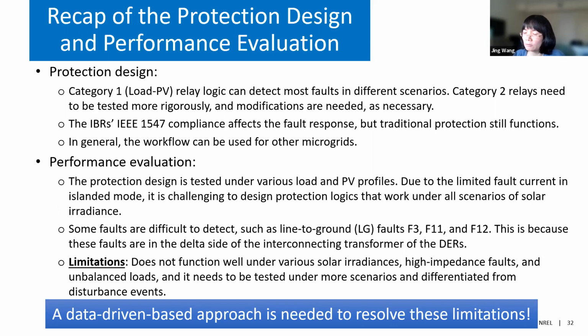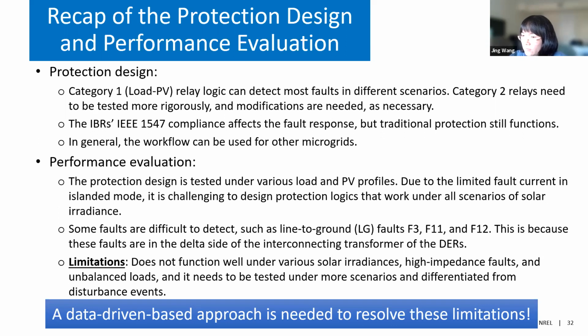So you probably need to do some first study to update your threshold and the settings. So that's what we learned. For the performance evaluation, with the limited scenarios, we can see it functions, but it's still challenging to detect the fault under a wide range of scenarios, under all sorts of solar and load irradiance and unbalanced faults as well.